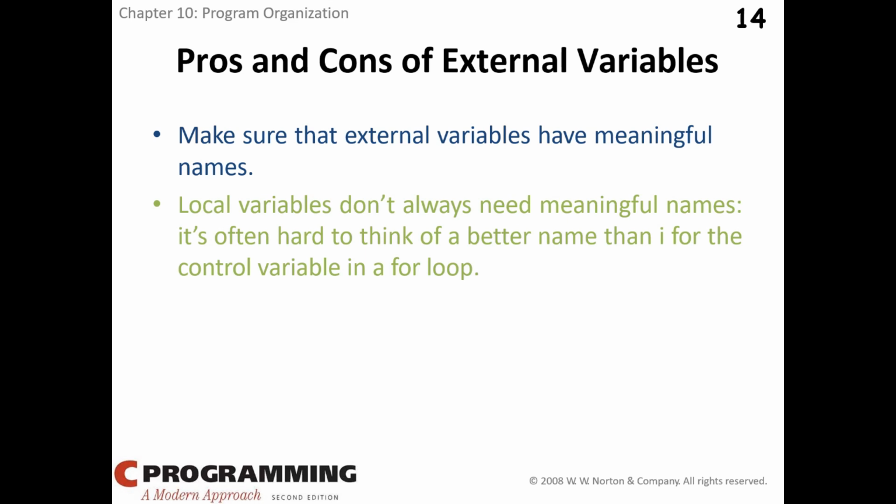For example, it's common to use simple names like i for control variables in for loops. In these cases, it can be challenging to think of a more meaningful name that adequately describes the variable's purpose within the context of the loop. However, even though local variables like i may not have highly descriptive names, it is still important to use meaningful names for external variables to ensure clarity and readability for our program.